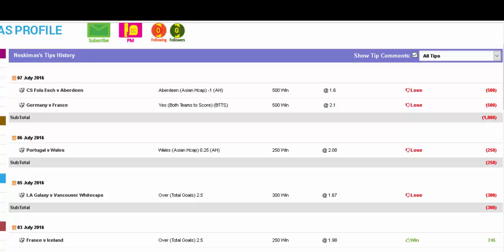What were the other ones? I'm sure I've forgotten one of them. But in the final, Portugal had an awful record against France, having lost, I think, 10 games in a row against France. That's very hard to comprehend.